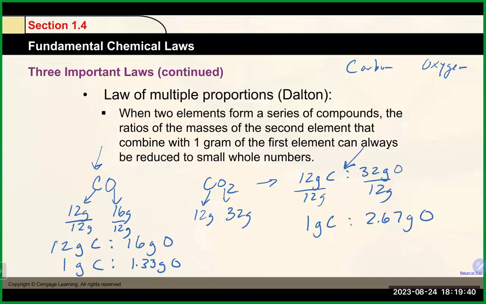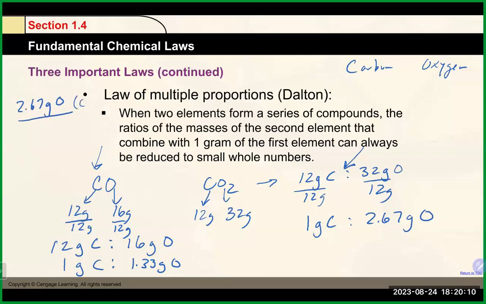Any questions first off on that? So you may be looking and go, that doesn't look very much like a nice whole number. What they're talking about now is comparing the amount of oxygen in CO2 to the amount of oxygen in carbon monoxide. So in carbon dioxide, I have 2.67 grams of oxygen.